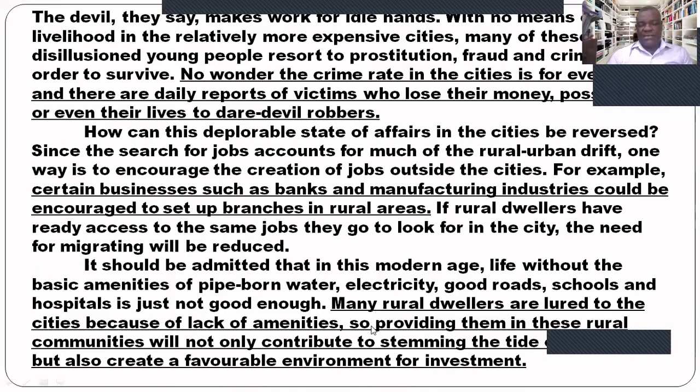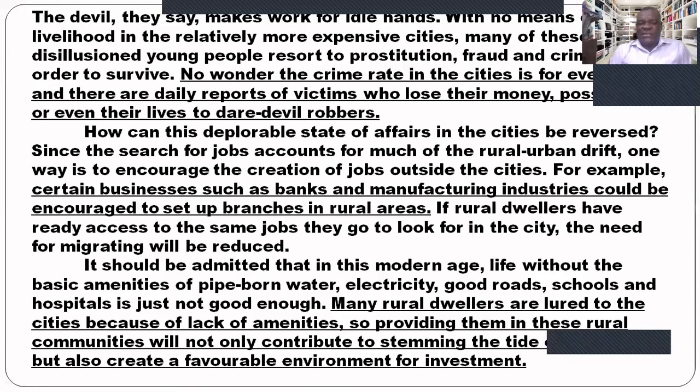Now, let's look at this extract. Many rural dwellers are lured to the cities because of lack of amenities. So providing them in these rural communities will not only contribute to stemming the tide of migration, but also create a favorable environment for investment. What are we looking for here?